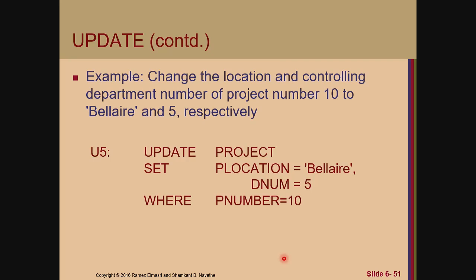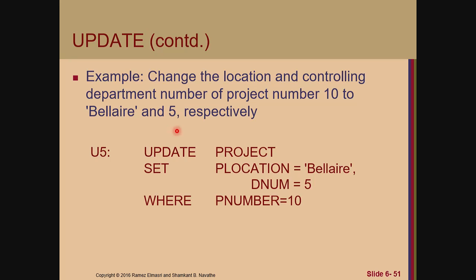Okay, so this is an example of the update. Change the location and controlling department number of project number 10 to Bel Air and 5. This is the location name and 5 is the department number.